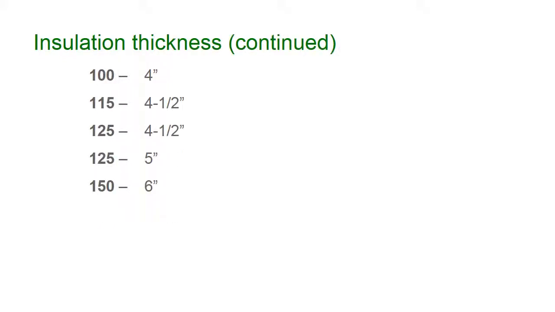Insulation thickness: 25, 1 inch. 40, 1.5 inch. 50, 2 inch. 65, 2.5 inch. 80, 3 inch. 90, 3.5 inch. 100, 4 inch. 115, 4.5 inch. 125, 5 inch. 150, 6 inch.